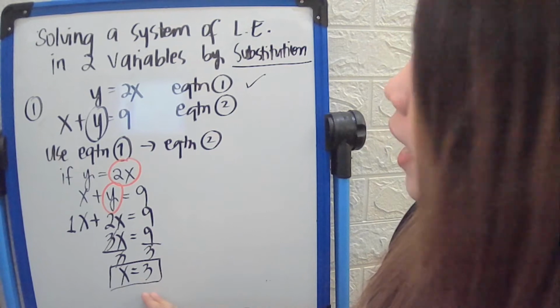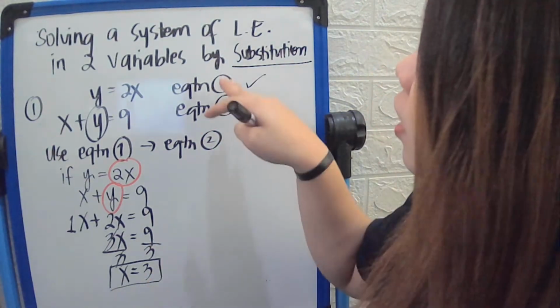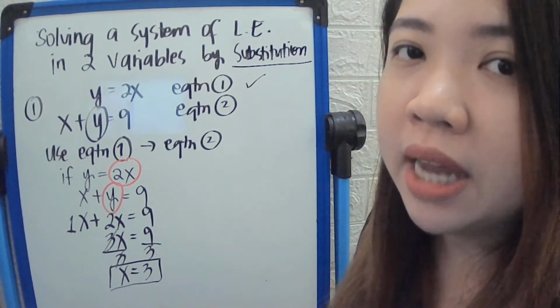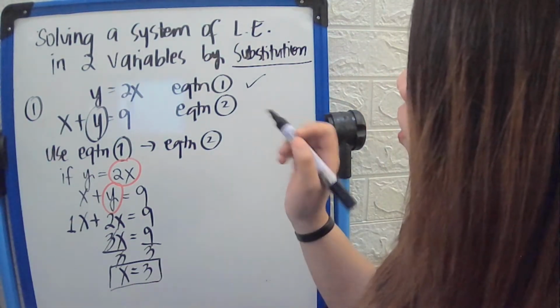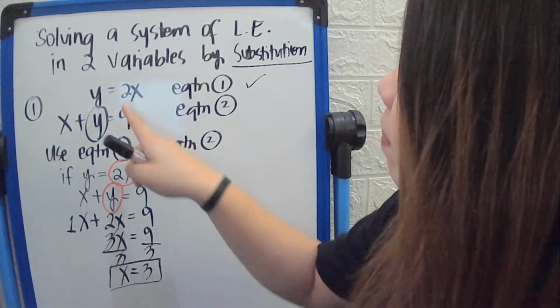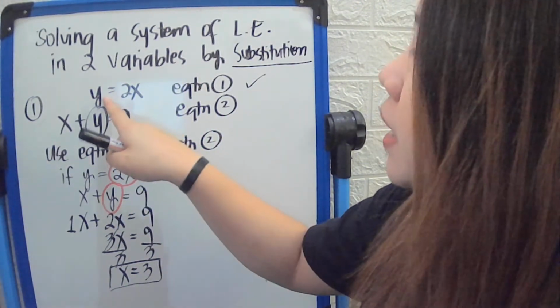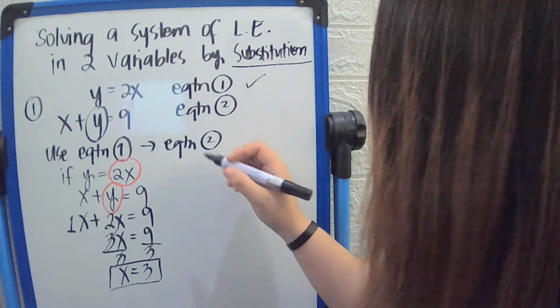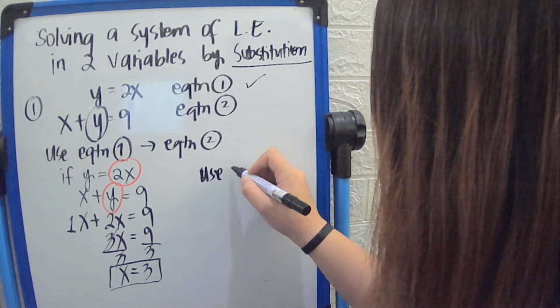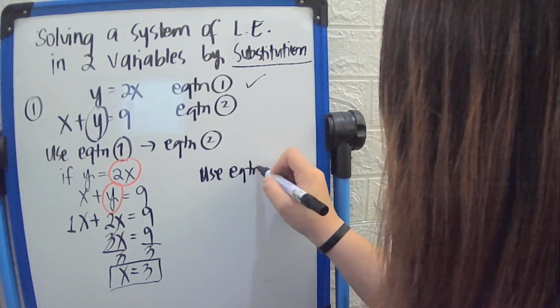Now, since you already have a value for x, you look for the equation na mas simple para sa'yo to get the value for y. So, ang masayang gamitin dyan ay yung equation 1 na lang. Kasi, pag na-solve mo na tong part na to, automatically, yun na yung value for y. Okay? So, use equation 1.